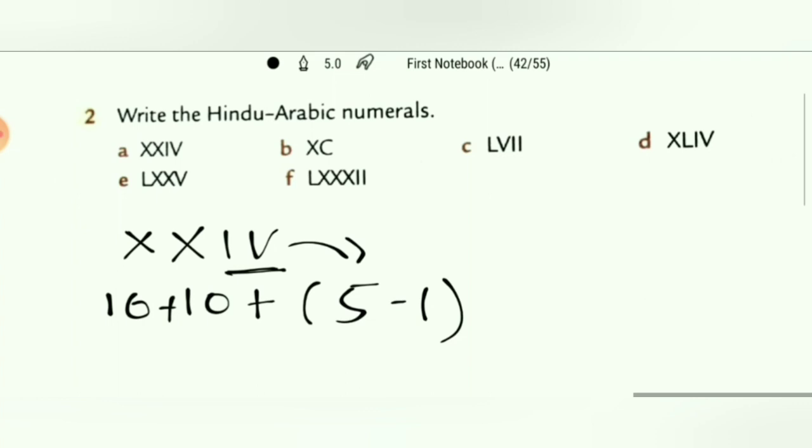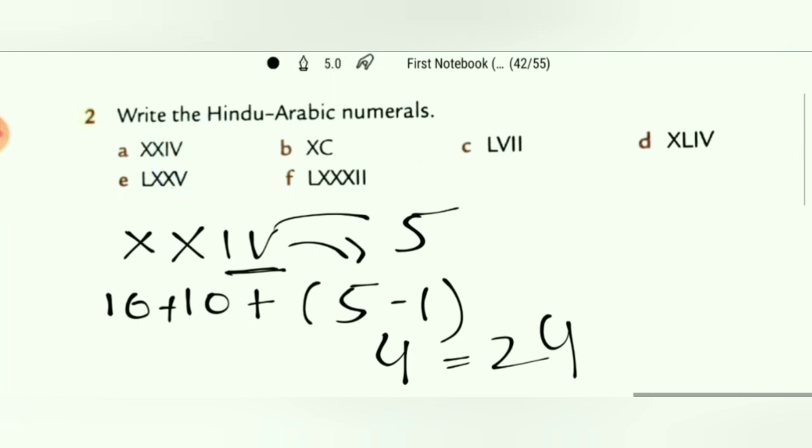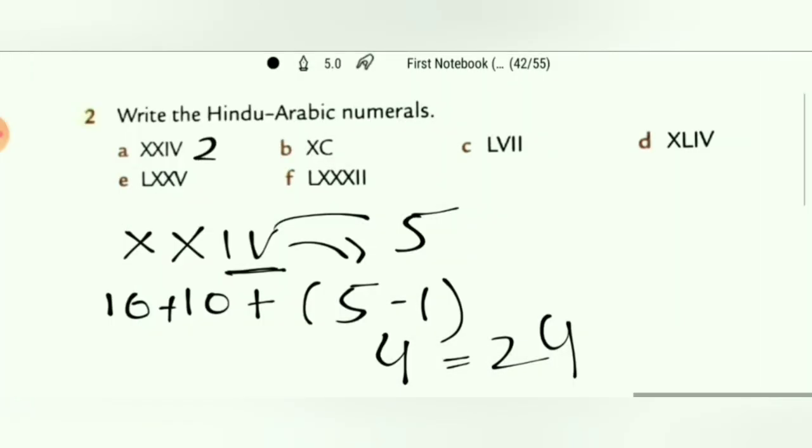That's why, and this represents 5. So 5 minus 1 means 4. 10 plus 10 plus 4 is equal to 24. So the answer is 24.